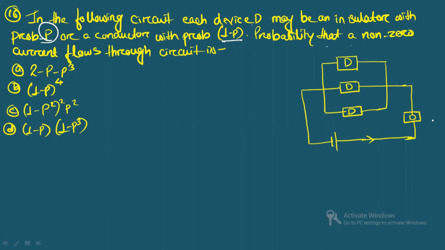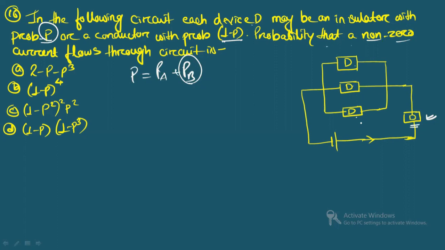Now you see, when this circuit will have a non-zero flow of current, first this must be a conductor, right? And out of these three, one must be a conductor, otherwise how will current flow? Because we are looking for non-zero current. So the probability is PA plus probability of B. Now this probability of B, or you can write P2, whatever notation you're taking, will denote that at least one of these three must be a conductor.